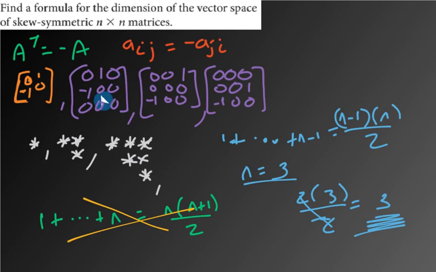This tells us that we get 3 different basis vectors for that. So in terms of a formula for the n by n skew-symmetric matrices, we could just take the sum of the first n minus 1 integers. That would work. And it's just a byproduct of triangle numbers, which are super prevalent in a ton of areas of math. So it's kind of neat.